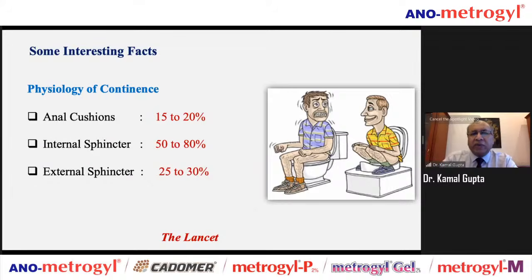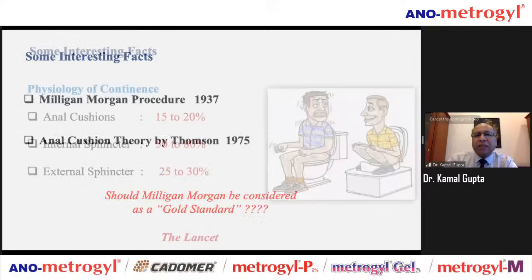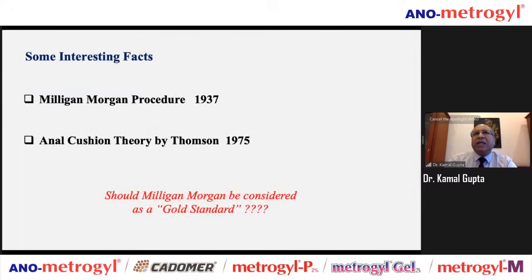Now, some interesting facts. We know that the anal cushions play an important role in anal continence. 15 to 20% of resting anal pressure or resting anal tone is maintained by anal cushions. Milligan Morgan started in 1937, but the anal cushion theory by Thomson was given in 1975.